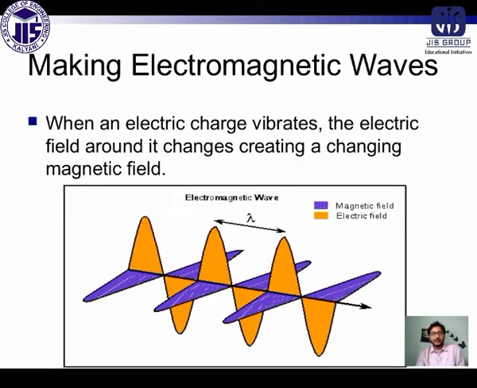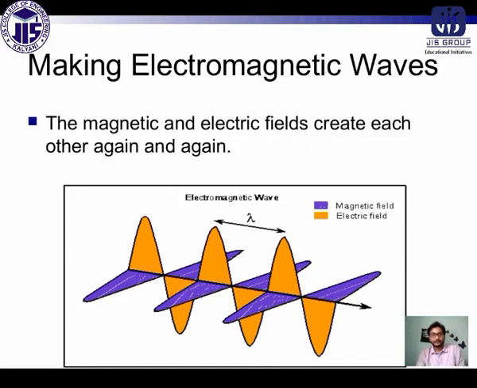And when the electric charges vibrate, the electric field around it changes, creating a changing magnetic field. That we already know. The magnetic and electric fields create each other again and again, and this process happens continuously.